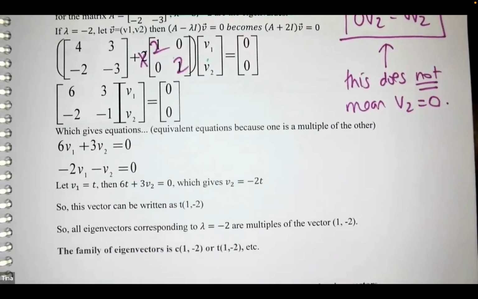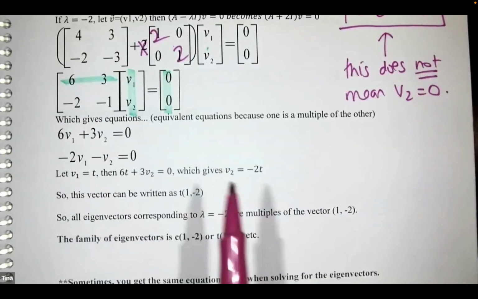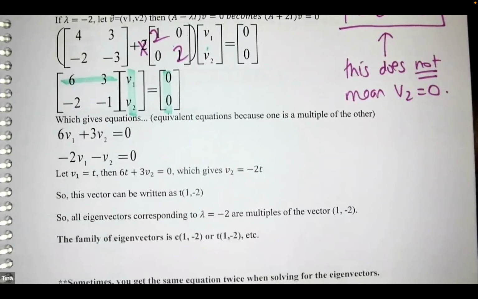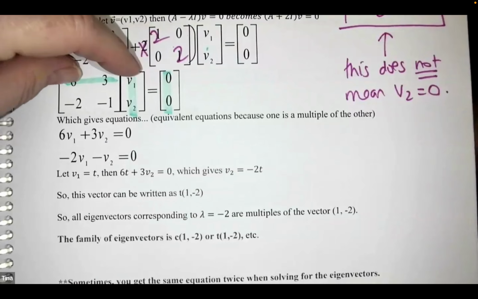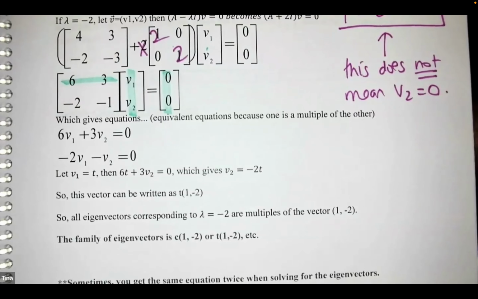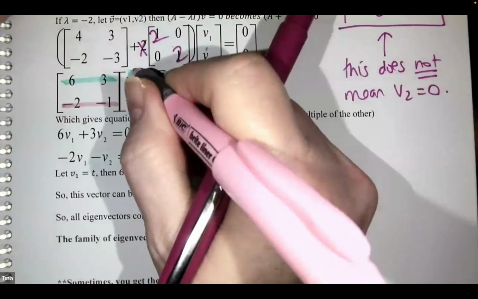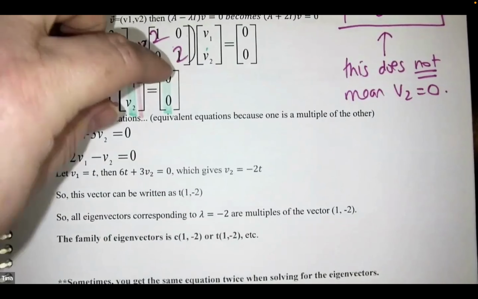And if I go to do this, just like we were multiplying before, a matrix times a vector, it's first times first, plus second times second. So 6v1 plus 3v2 equals 0. From the bottom, we get negative 2v1 minus v2 is 0.